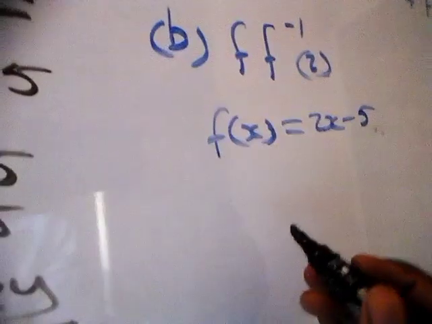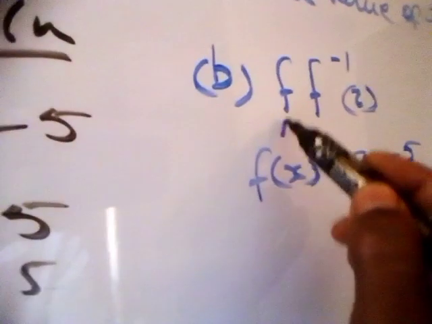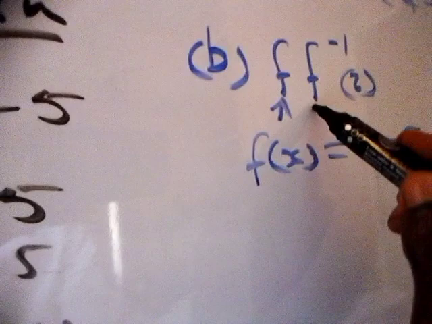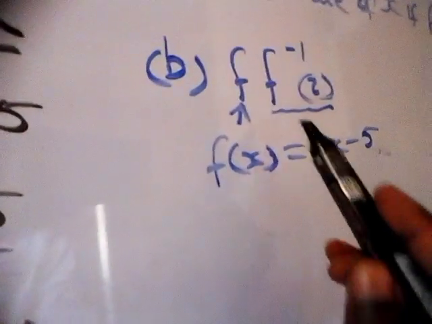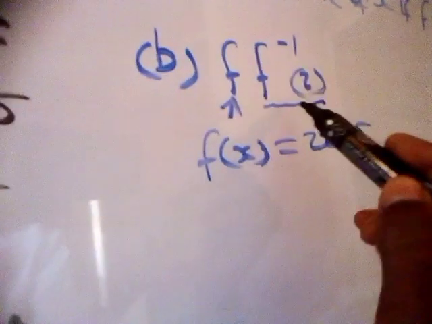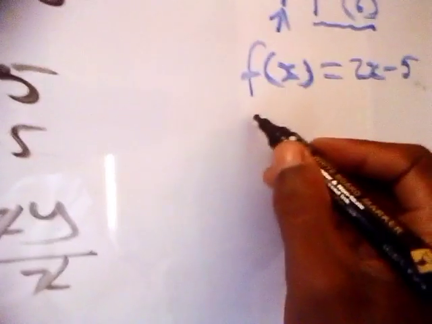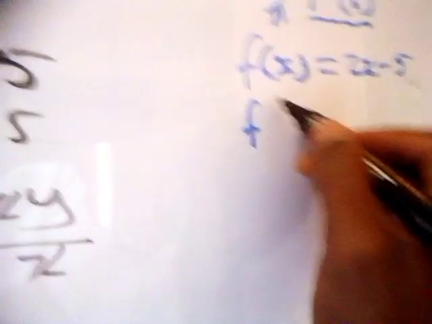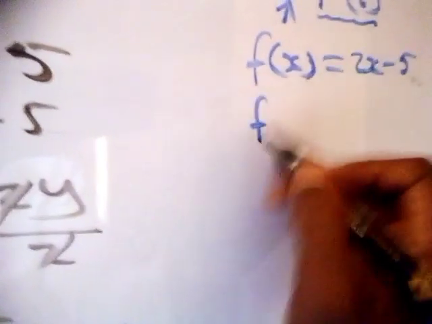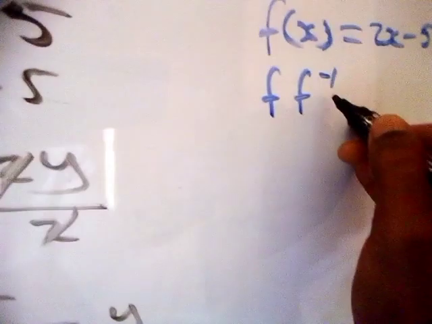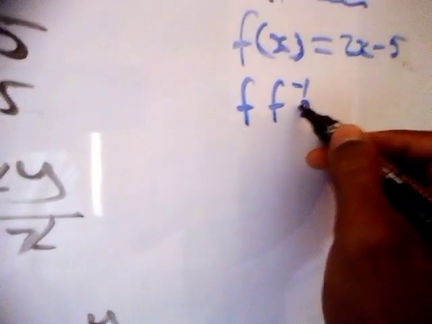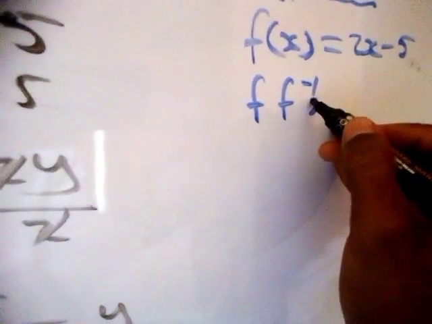After writing this, remember, in the f function, where there is x, we're going to put the inverse function of f of 2. So this is the f function of f inverse of f of 2.